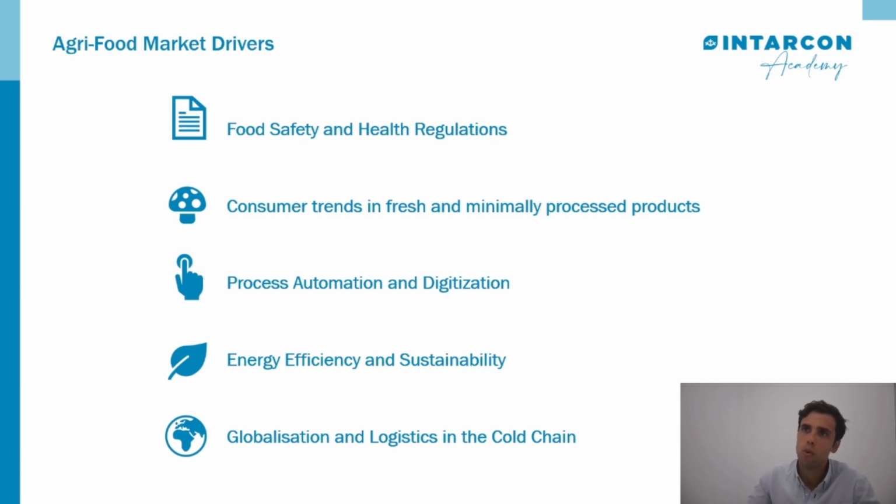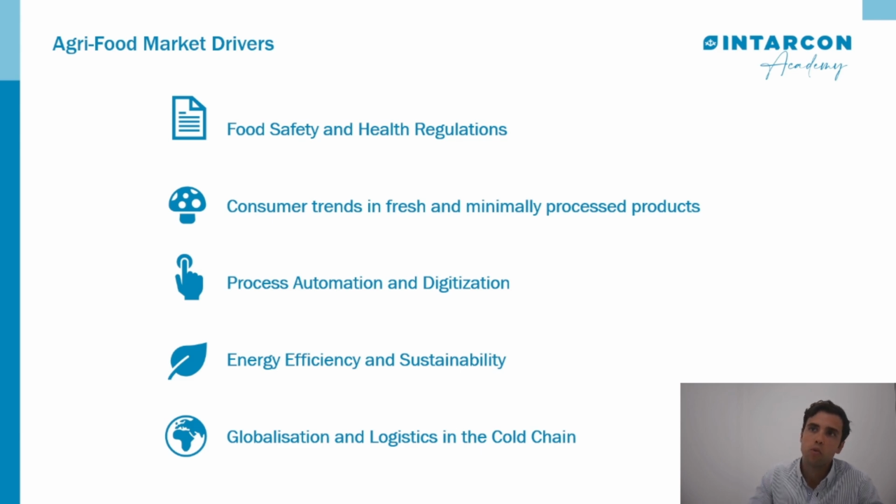We could also have a market driver focused on energy efficiency and sustainability, where the reduction of energy cost has driven the agri-food industry to look for more efficient refrigeration systems. In addition, customers buy products from companies which try to align with their sustainability values, the core vision of the company.